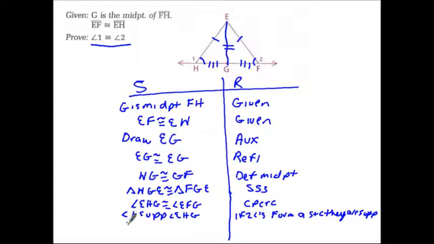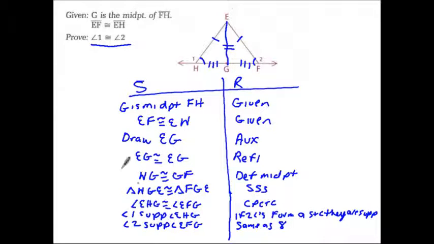And also, angle 2 is supplementary to angle EFG. The same reason. So it's the same as 1, 2, 3, 4, 5, 6, 7, 8. We're on our 9th step.